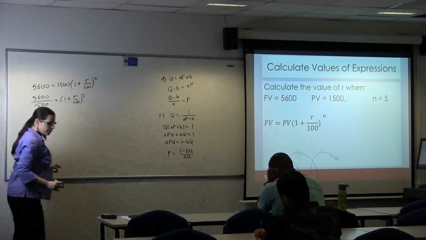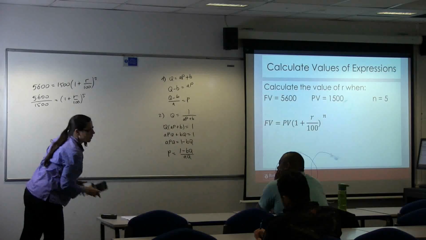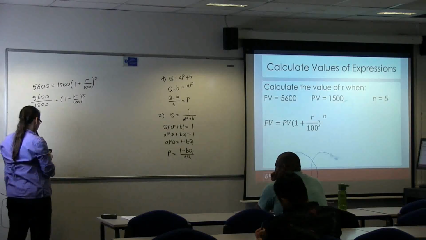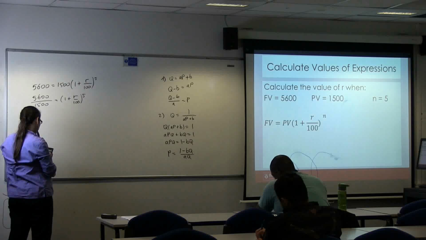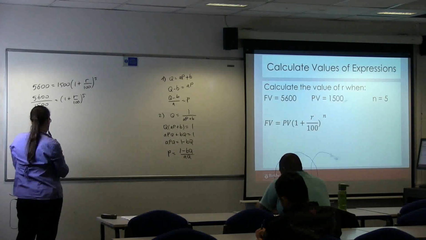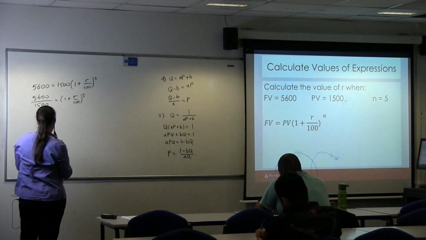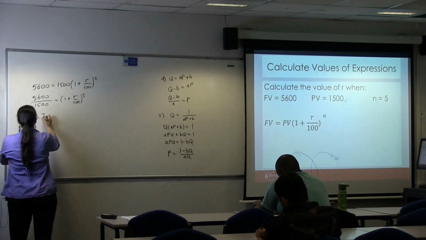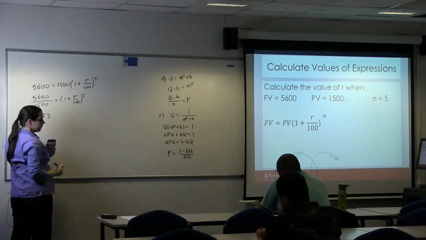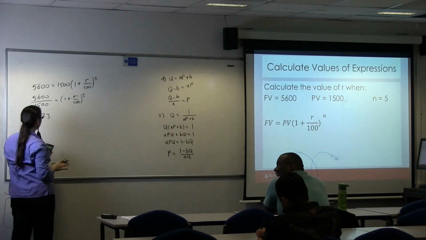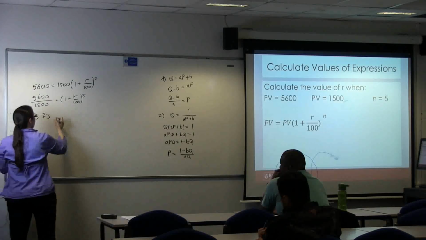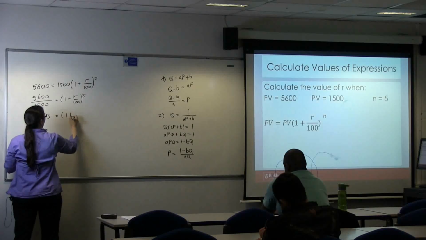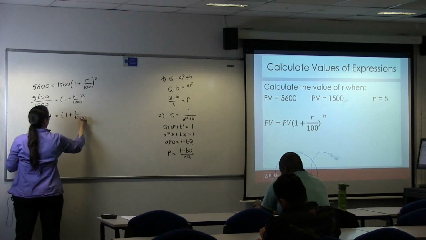And thankfully, I've got the calculator. 5,600 divided by 1,500 gives me an unfortunate 3.7333 recurring.